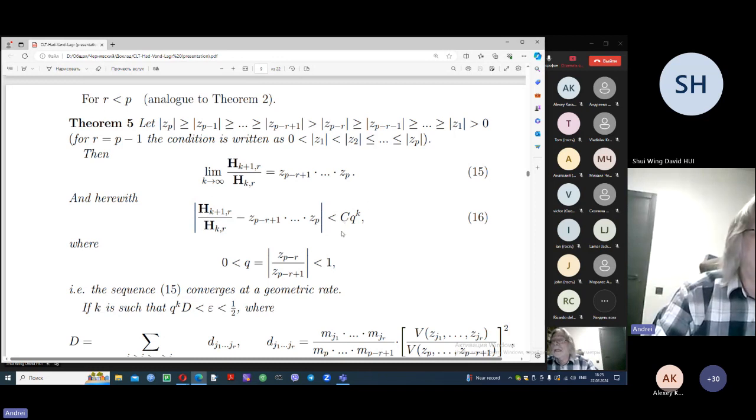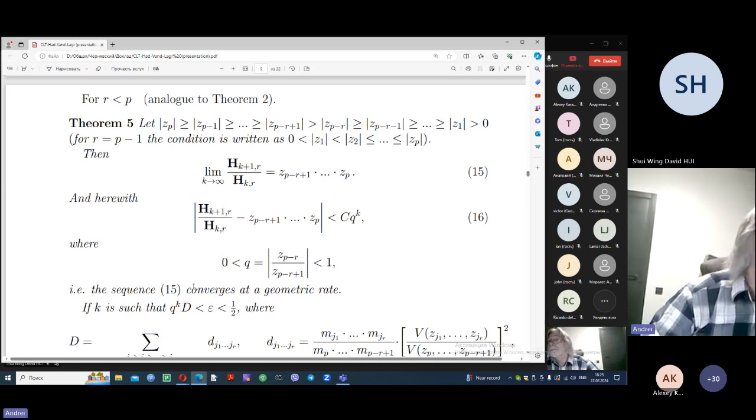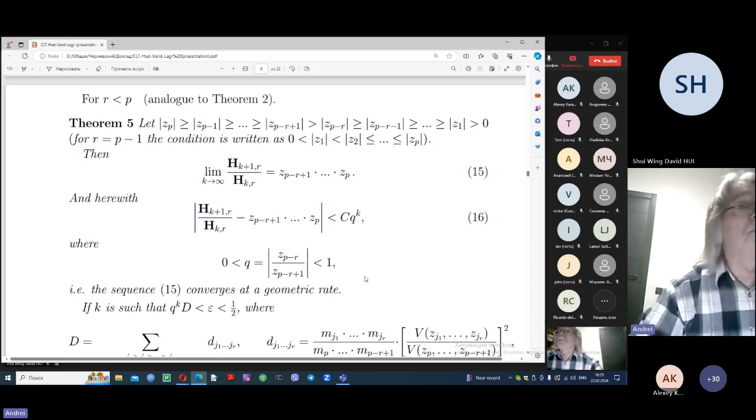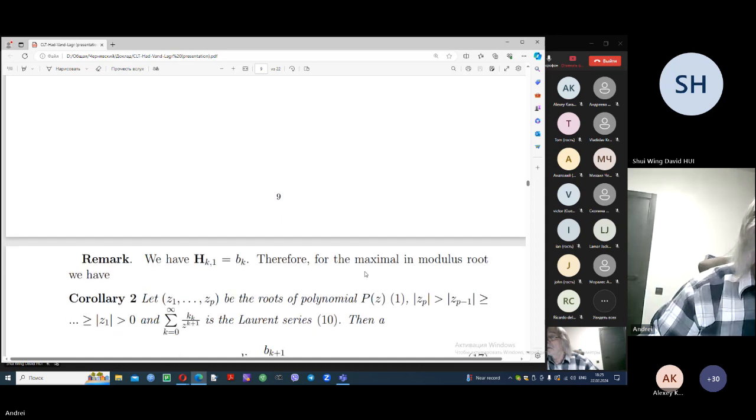And again, the rate of convergence: this sequence converges to the limit at a geometric rate, where this Q is simply equal to the ratio of these two roots.